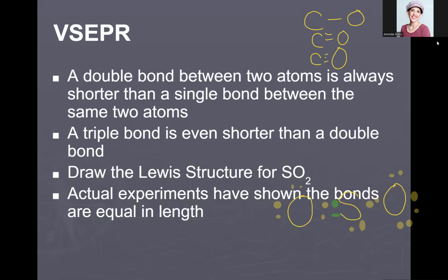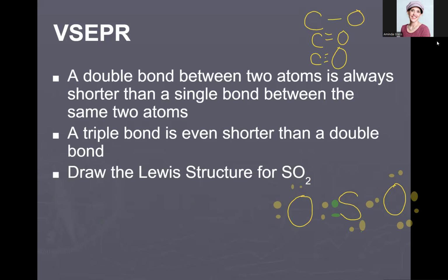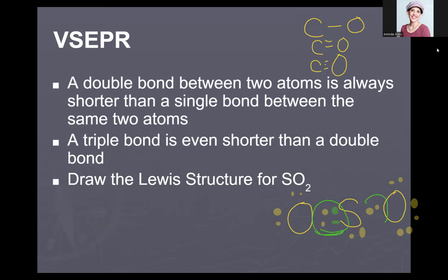And we realize that there's actually something called a resonance structure. So there's something in between, because when scientists did experiments, you can see that this would be a shorter bond than this one, but actual experiments show that those bonds are closer in length to each other.